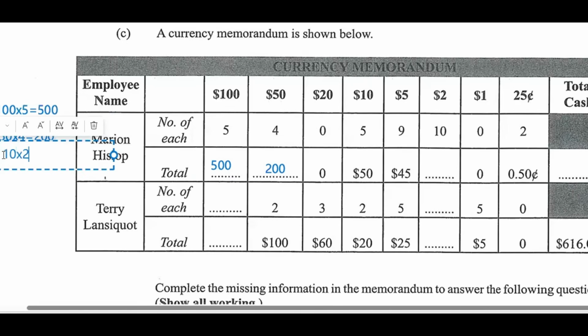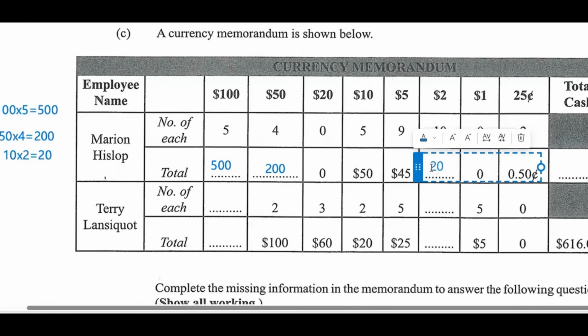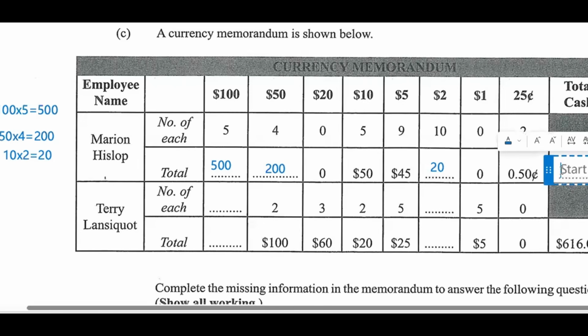So that'll be 20 here. Total cash: what you would do is add up all of this at the bottom. So that will be 500 plus 200 plus $50 plus $45 plus $20 plus the cents. So you will get $815.50. Right, that's the working for the first one.